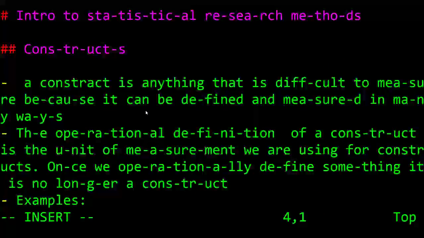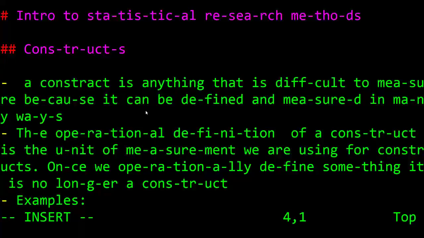So a construct is anything that is difficult to measure because it can be defined and measured in many ways. If we can measure something in many ways, there is no specific way to measure it, we call it a construct. And the operational definition of that construct is when we decide which one of these many ways we will be using.